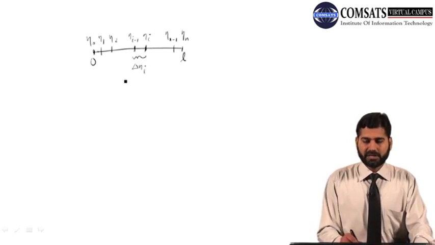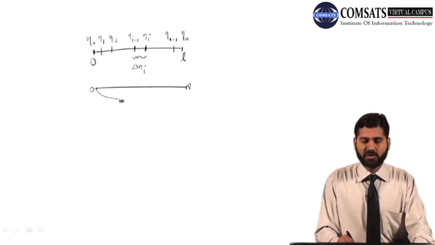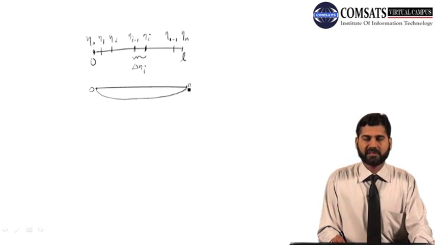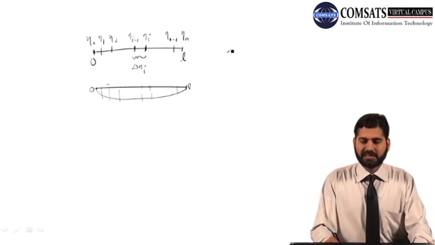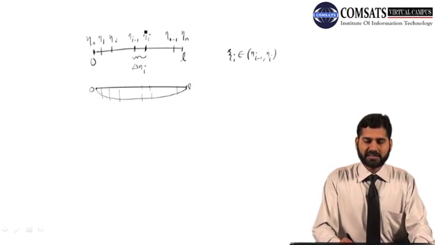Delta eta i. Now what we are doing is we are saying that we have imposed a distributed load, so our string looks like this. Instead of that, we subdivided the string like this. So in each interval I took a point: xi i is a point in the interval eta i minus 1 to eta i, right? So xi i is any point in this interval.